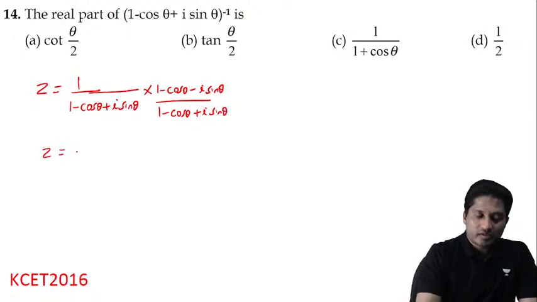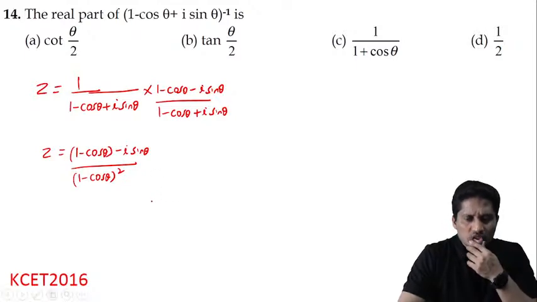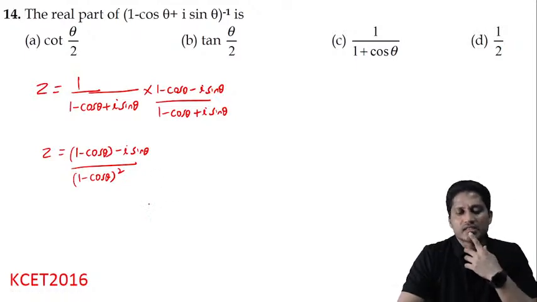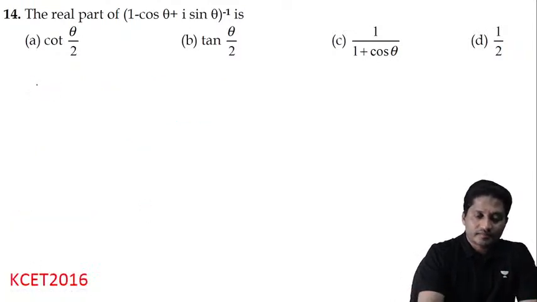So z is equal to 1 minus cos theta minus i sin theta, whole divided by, a plus b into a minus b is a square minus b square, 1 minus cos theta whole square. This will be lengthy, guys. Let's do it like this.